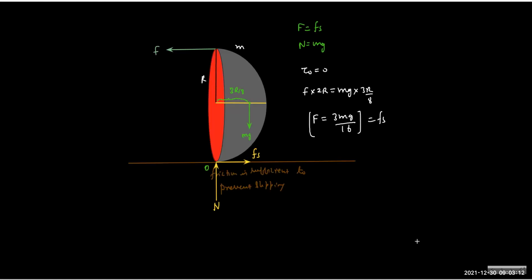So maybe I will take two more problems before I end this. Now you can repeat this question for the hollow sphere, the semicircular disc, maybe a semicircular ring, and so on. It's all about finding the torque. That's it.